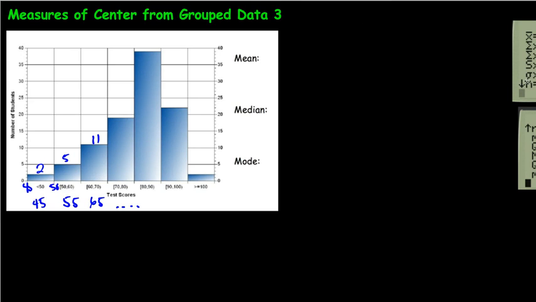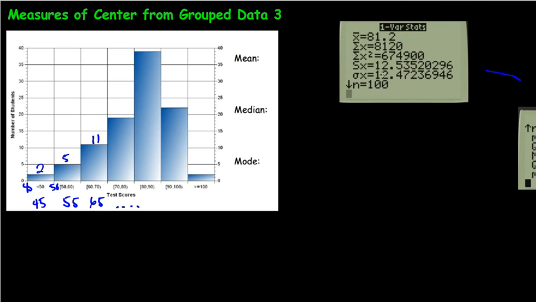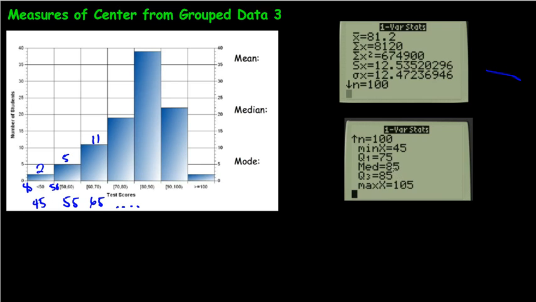So if you did this on your calculator, you should have gotten a mean of 81.2, a median of 85, and you should also get a mode of 85, or the modal class, our tallest class here, is the 80 to 90 class.